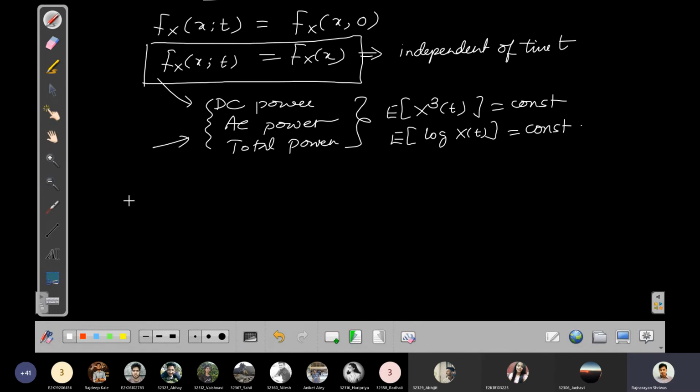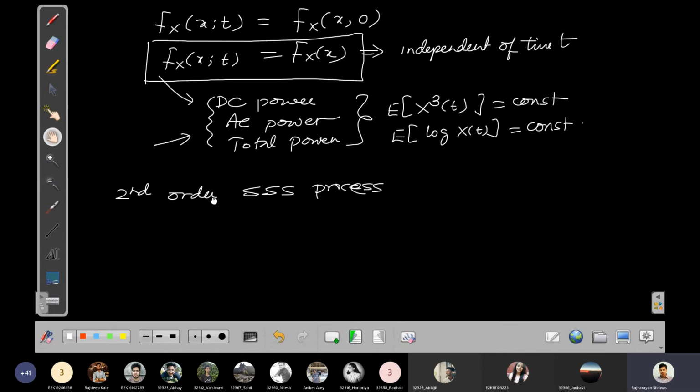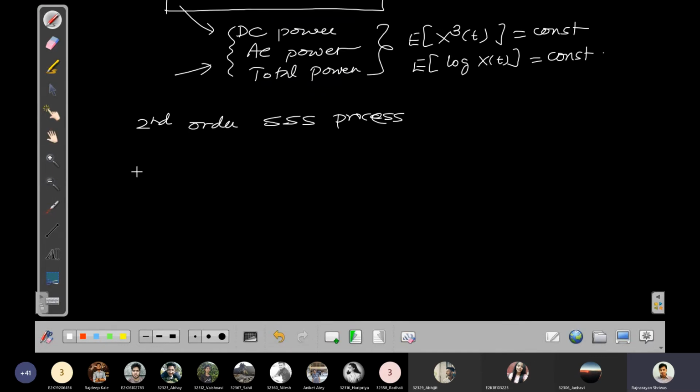Now if you go with second order, what is the second order stationary process? Let me write triple S process. In general, it should be infinite order stationary, but we are just talking about first order, second order, and so on. So if I choose the second order PDF, I need to choose two random variables, x1 and x2, and the times will be t1 and t2, but it should be time invariant.